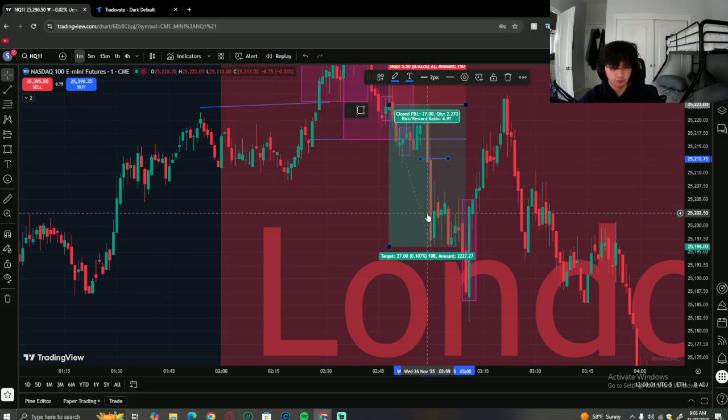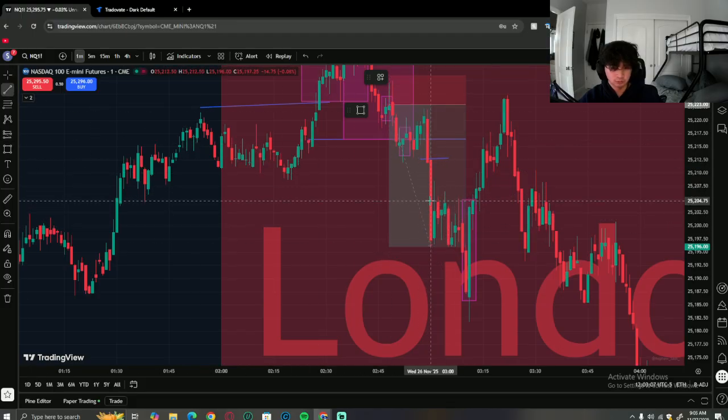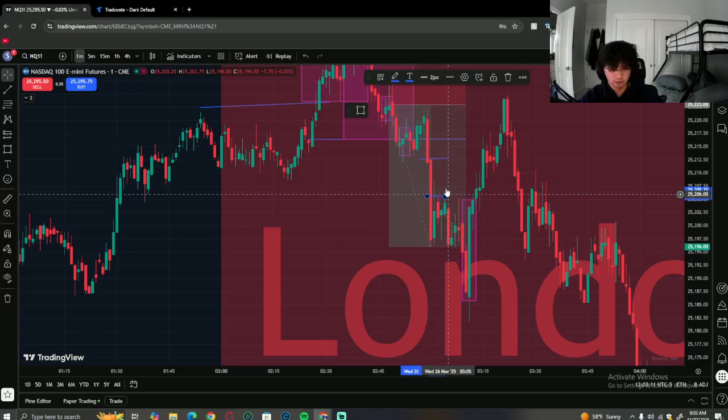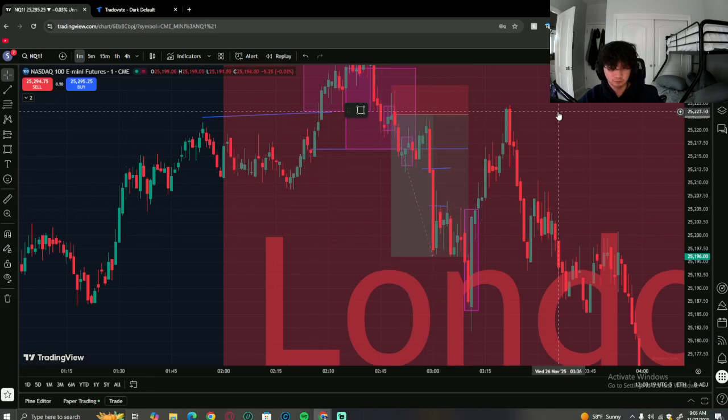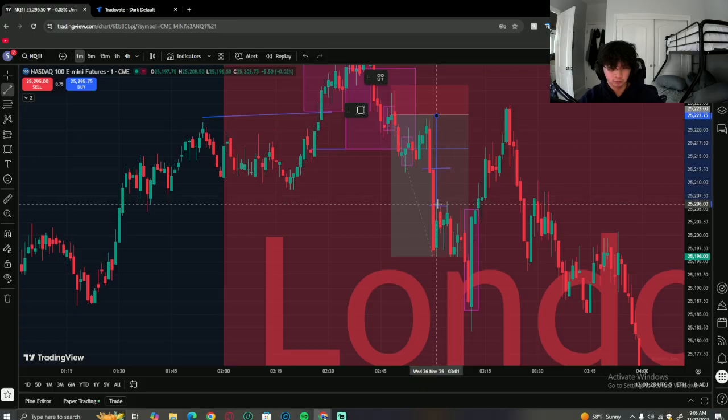Or if it goes down here again, I'll see that retest, I'll move my stop loss down to here. And even if I get stopped out, this alone is still, on NASDAQ, this trade is near $2,000 from this point to this point. It's a lot of money, and you don't want to be too greedy.